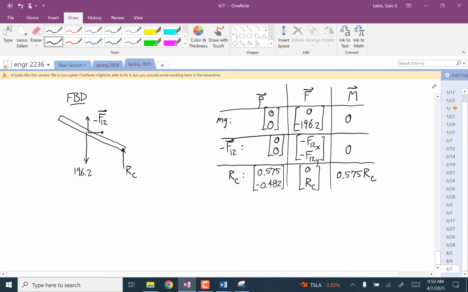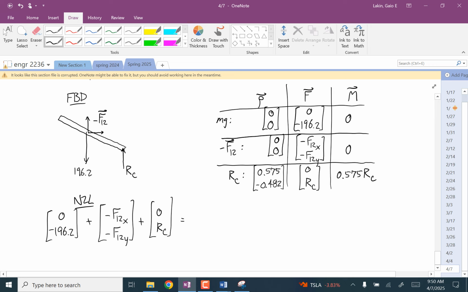Do we need Newton's second law for this one? Yeah. So 0, negative 196.2 plus negative F12x, negative F12y plus 0, RC is equal to 20 times A2x, A2y.